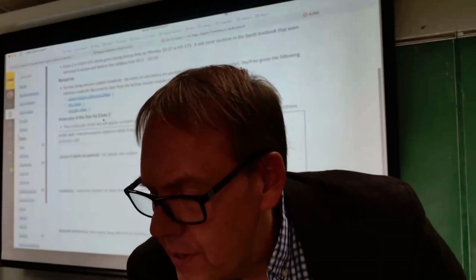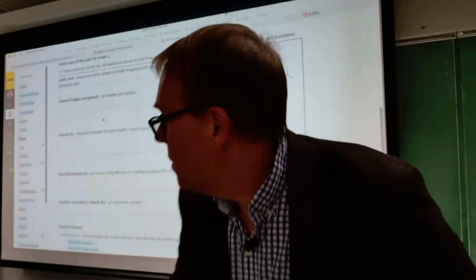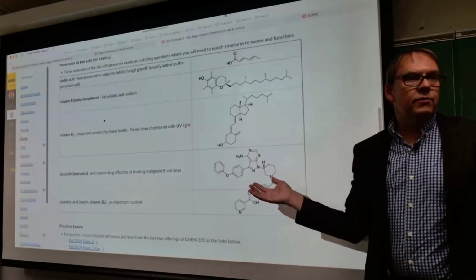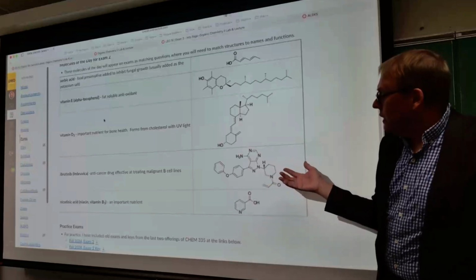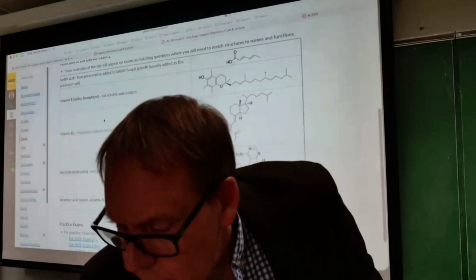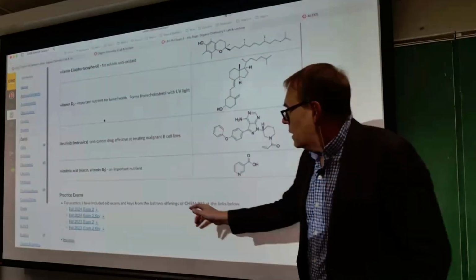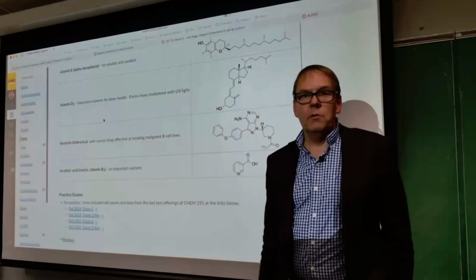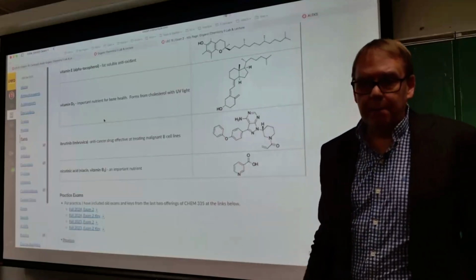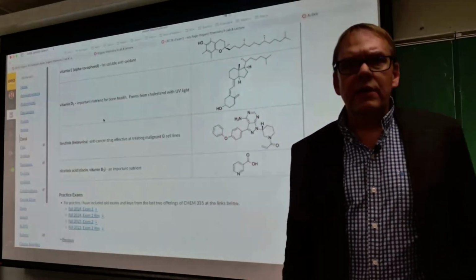It's going to cover the things that are discussed in the syllabus, and there are some molecules of the day here that have been introduced and talked about over the course of the last few weeks. Those will be on there as a matching exercise. And then there are some old practice exams down here too that we will talk a bit about, depending on how much time we have, and we'll go through some of those. Those are really good practice. So that's what's coming up. Any questions on the exam?